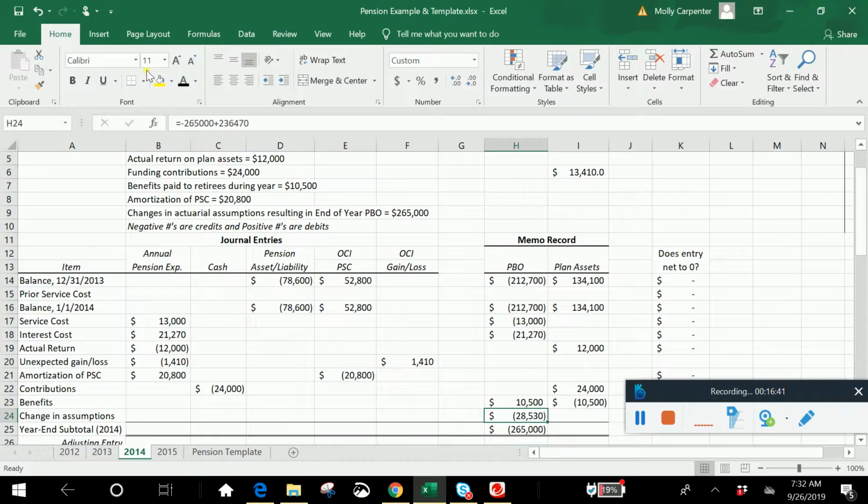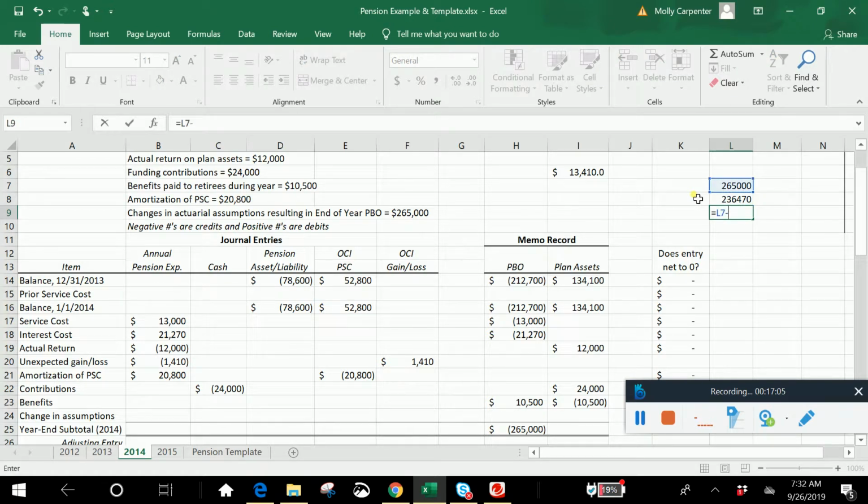No, that was not the right number at all. Just a second. Perhaps I can't do math in my head. So $236,470, and $265,000 is what we wanted it to be. The difference between those is $28,530.